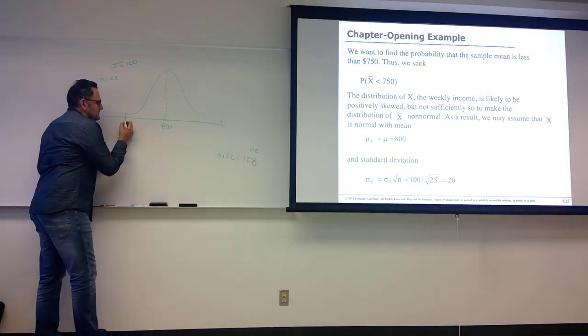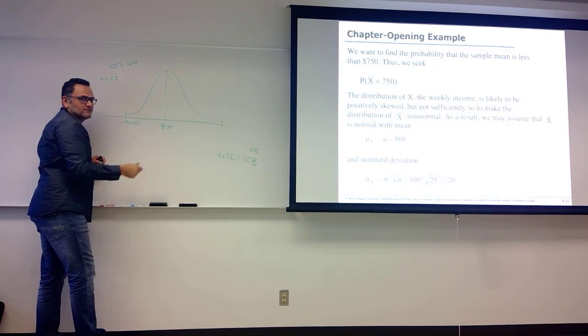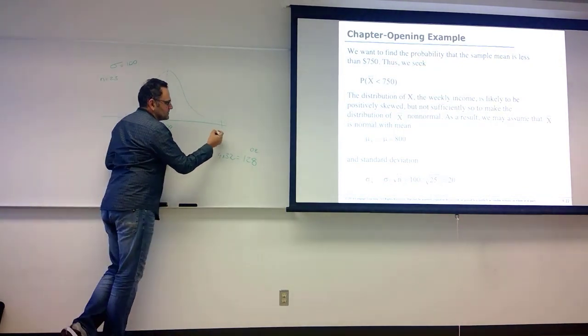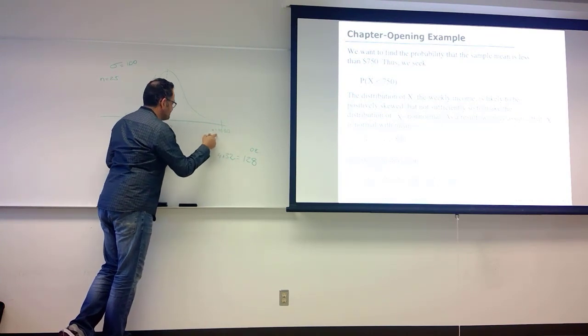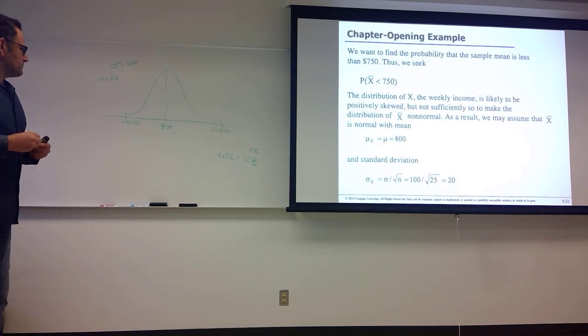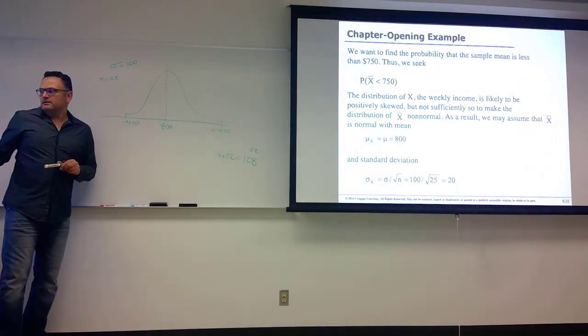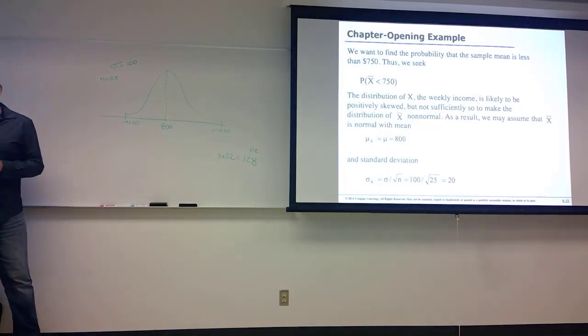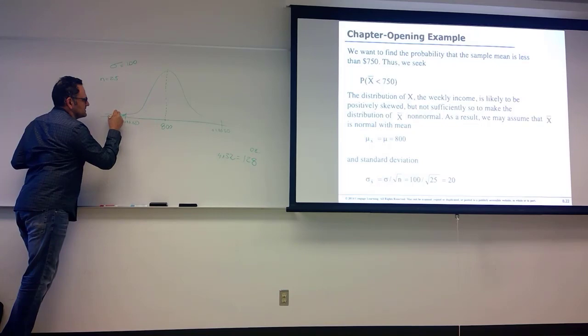The value here is minus 1.96 standard deviations to the left of the 800, and the value to the right is plus 1.96 standard deviations to the right of the mean. If you remember, I discussed it with you in the class. If you look up in the z-score table, we see that minus 1.96 represents essentially 2.5% probability.